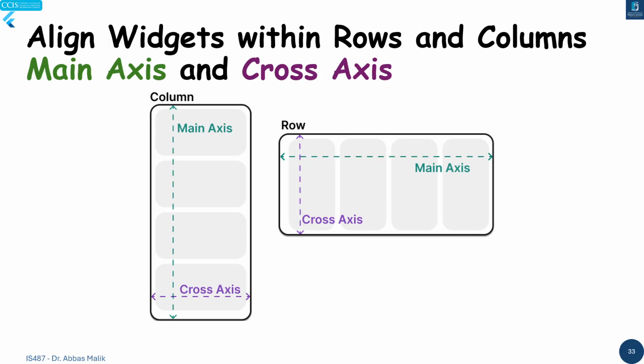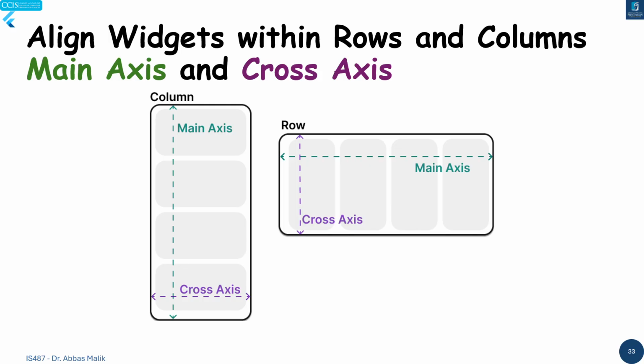In the column, the main axis is the vertical axis, and the cross axis is the other way, horizontal. But if you look at the row, the main axis along which the widgets are organized is the horizontal axis, and the cross axis is the vertical one.